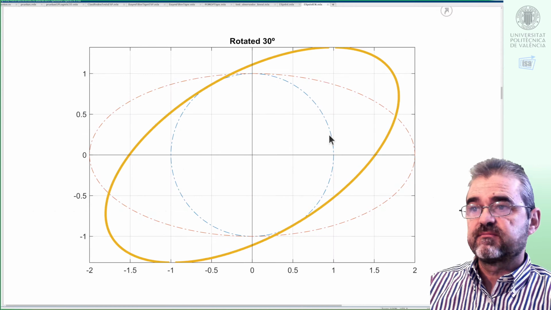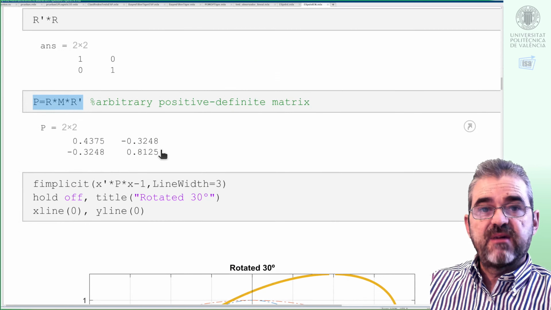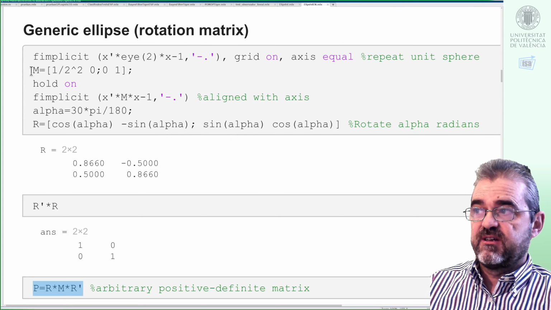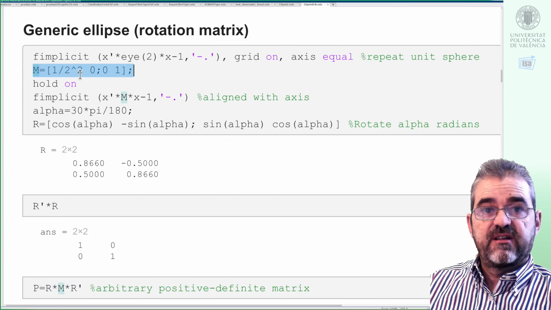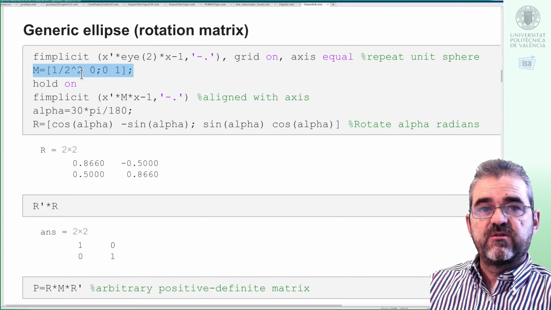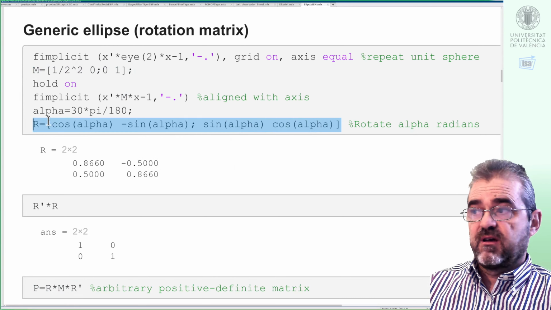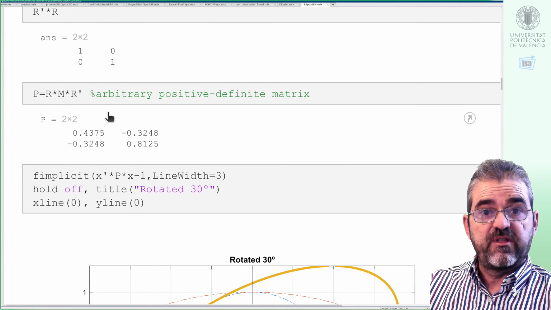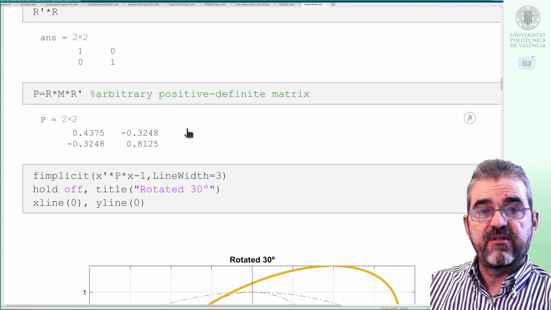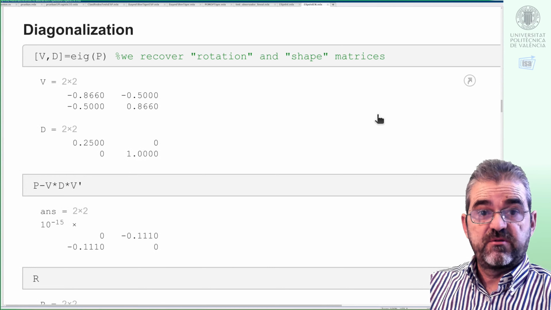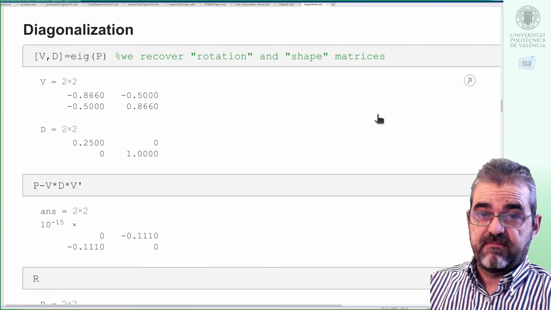If we see it in Matlab, I had this P matrix, and if I don't know where it comes from, diagonalization will recover what we have done here. We have a scaling of the circle, inflating the first coordinate by a factor of 2, and the 30-degree rotation. But if we start with the P matrix, diagonalization amounts to tracing our steps backward.